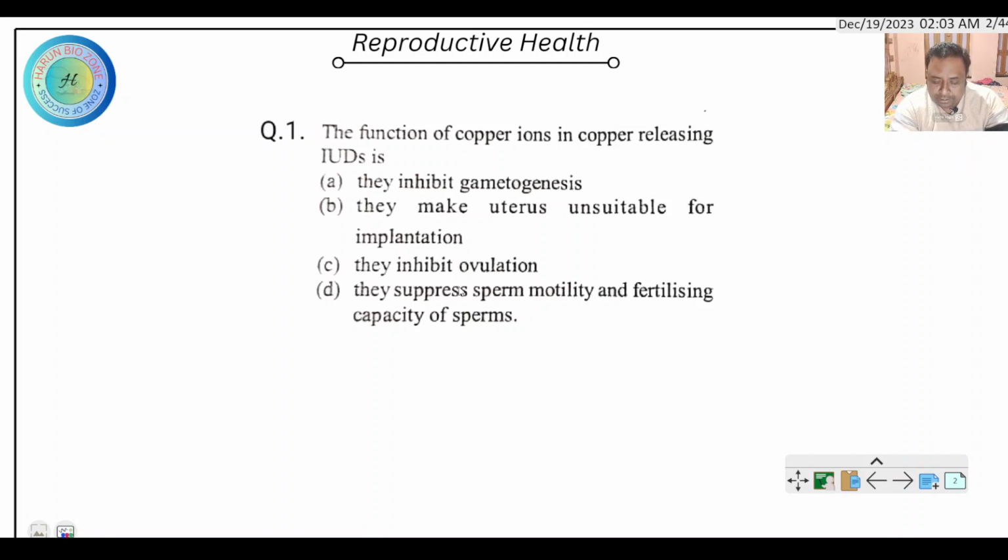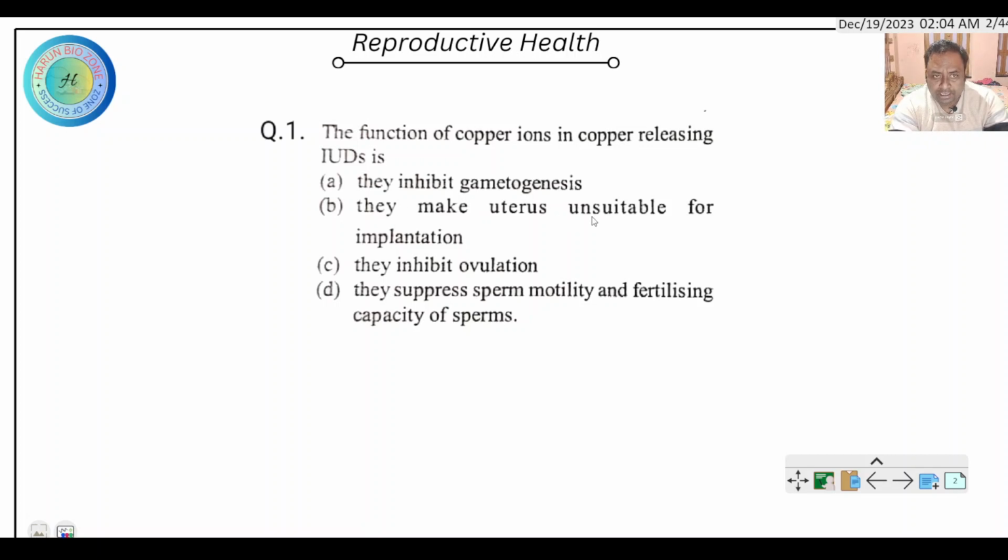Intrauterine devices include LNG, Copper T, etc. So in this device, what is the function of the copper ion in case of contraception? The first option is they inhibit gametogenesis, meaning the copper ion inhibits the spermatogenesis and oogenesis process.